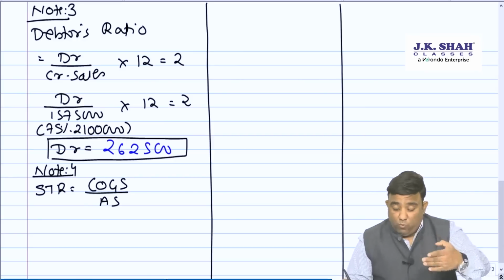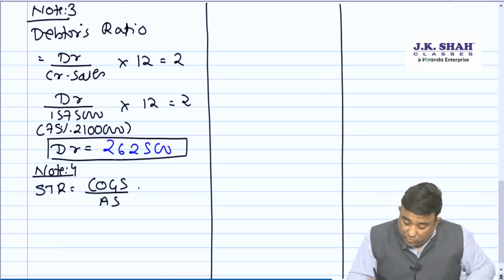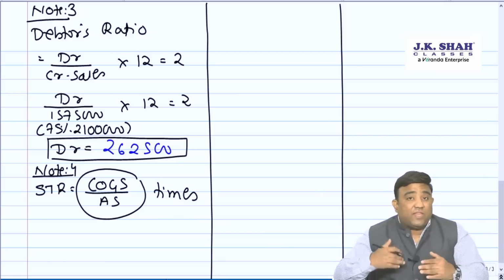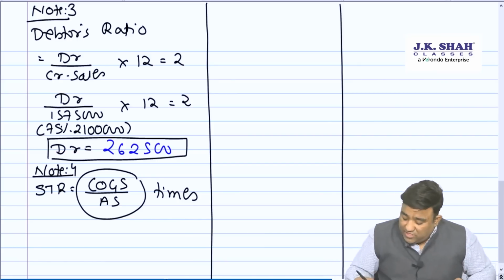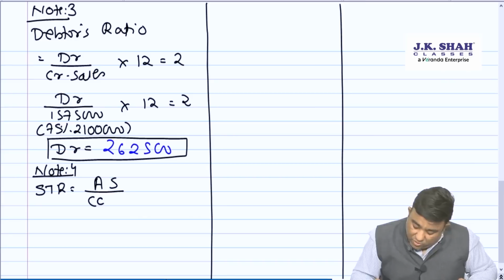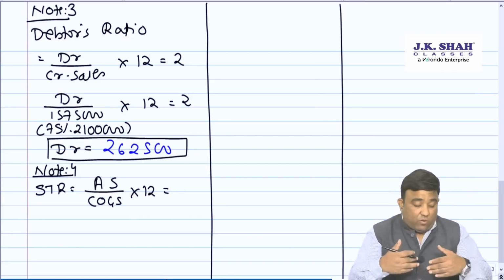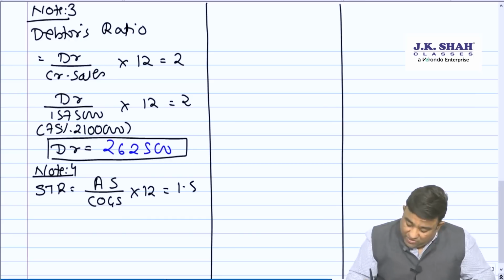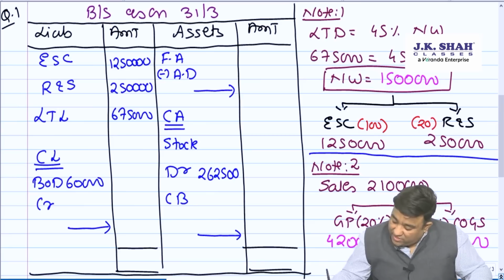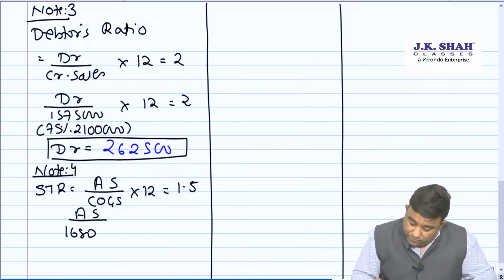But as the question works in terms of months, not in terms of times, either you convert months into times, or let us just follow a formula of months, which is average stock upon COGS multiply by 12. Does not make a difference. Let us respect the question the way it is drafted. So it is 1.5 months. Average stock I don't have. COGS we are ready with, it is 16,80,000. Multiply by 12, that gives you 1.5.